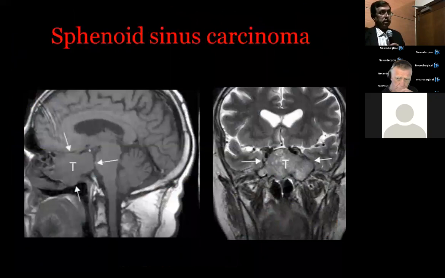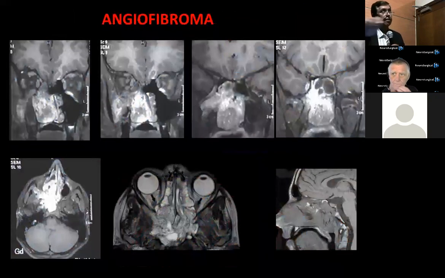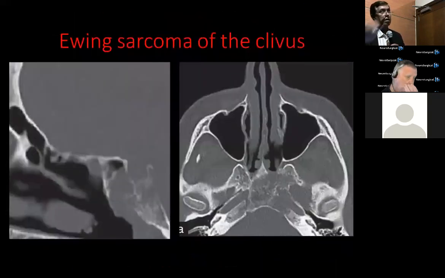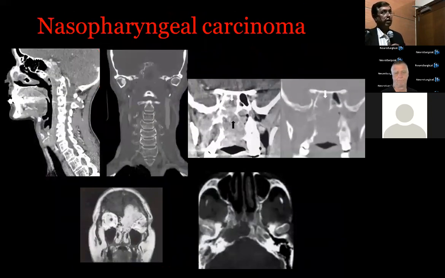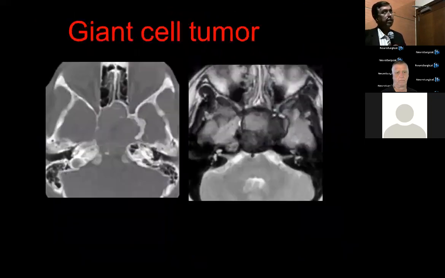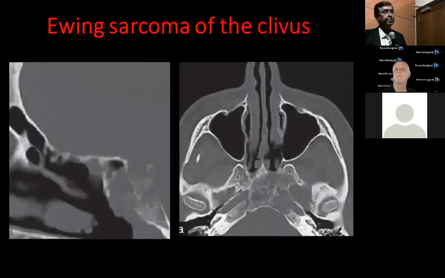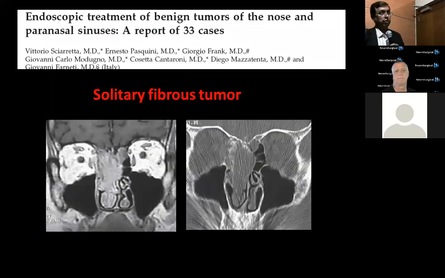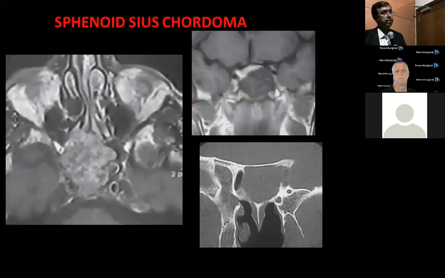Sphenoid sinus carcinoma, angiofibroma, especially in children, Ewing sarcoma, nasopharyngeal carcinoma, as we mentioned, giant cell tumor, Ewing sarcoma, I mentioned it, solitary fibrous tumor, reported in a series of 33 cases.